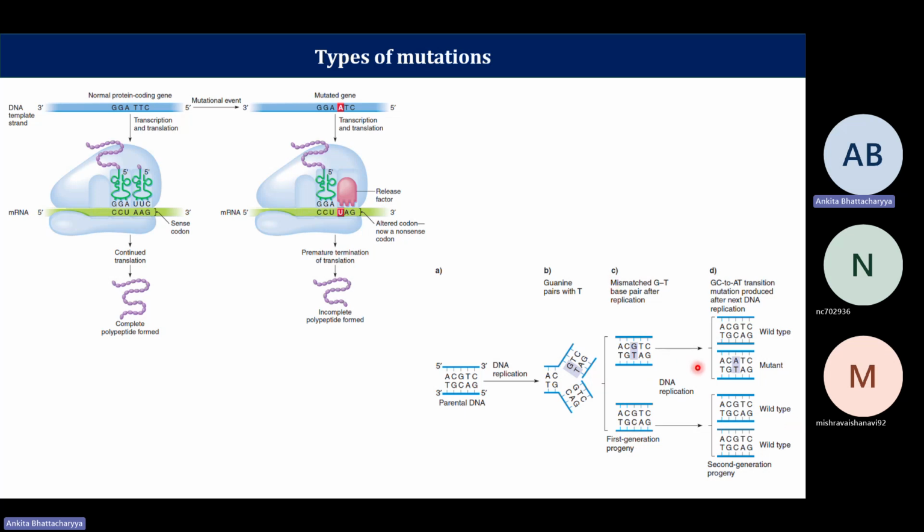When this is taken forward, the G and T again separate at the replication fork, and across G you will have C incorporated, and across T you would have A incorporated. Now this base pairing is going to be stable, and this has made a permanent change in the sequence of the DNA in that region and can now be recognized as mutant.